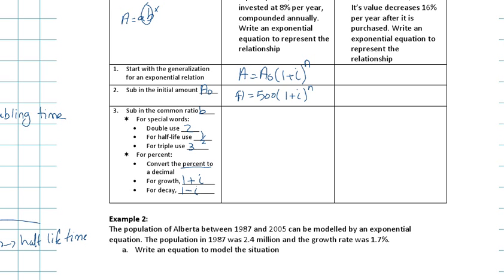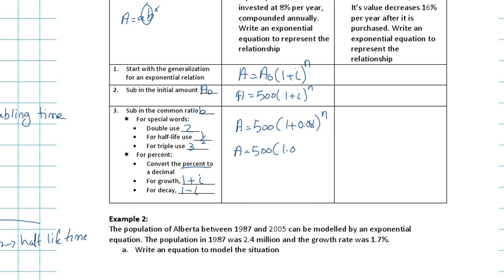So in this case, I have to do A equals 500, 1 plus, what's my percentage? 1.08. So, I itself, I is 0.08. Right? So when you add them, it becomes 1.08. So that means my equation is A equals 500, 1.08 to the power of n.